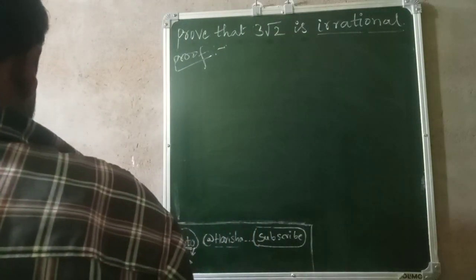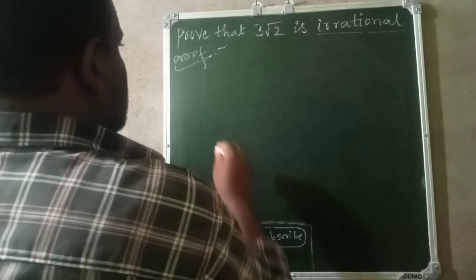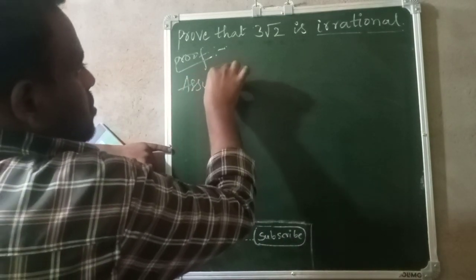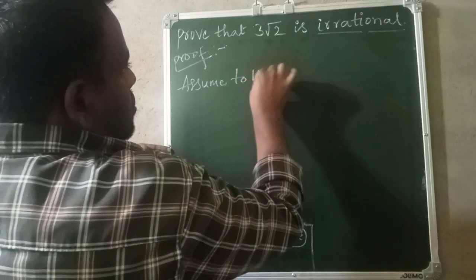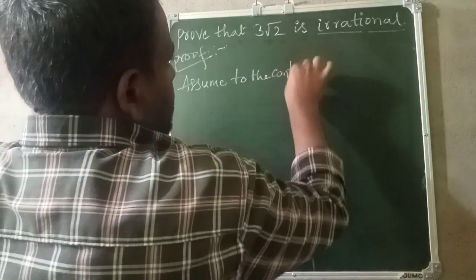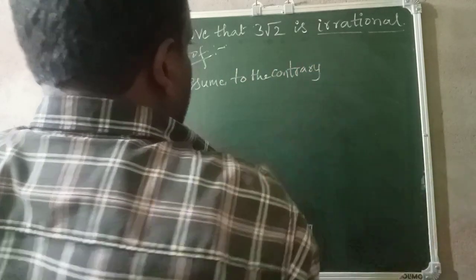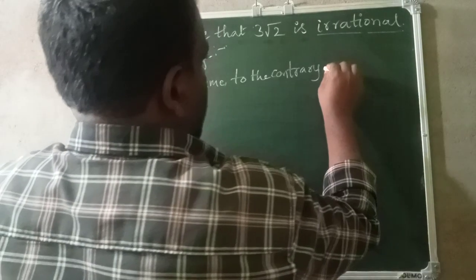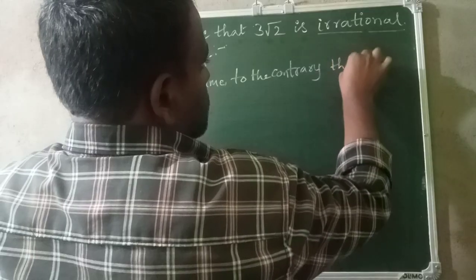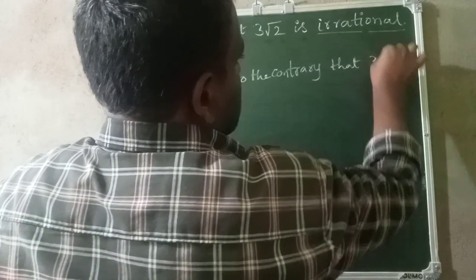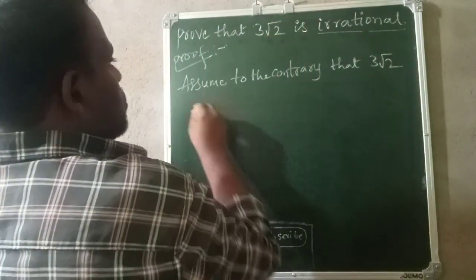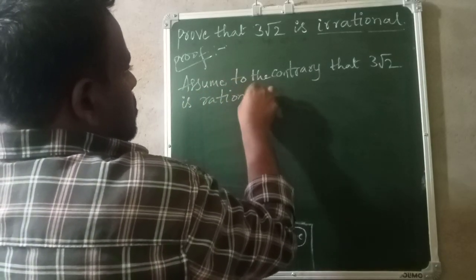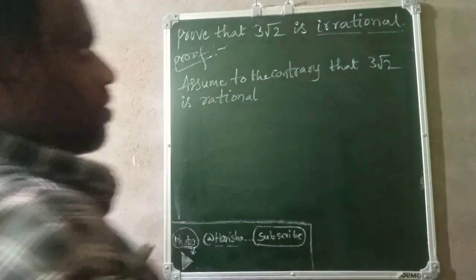So first, we will assume to the contrary that 3 root 2 is rational.